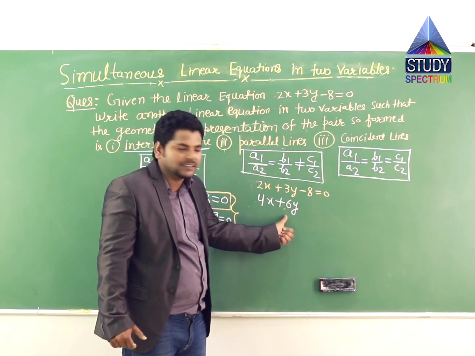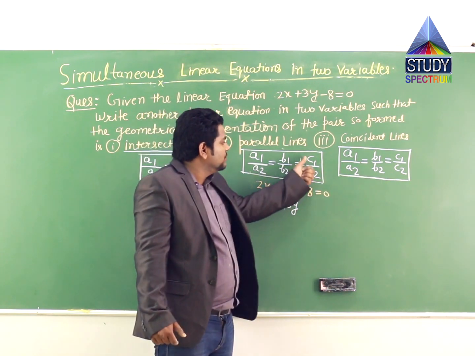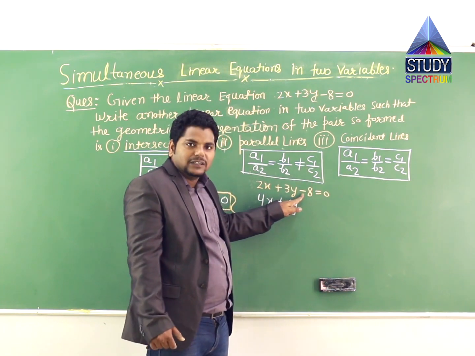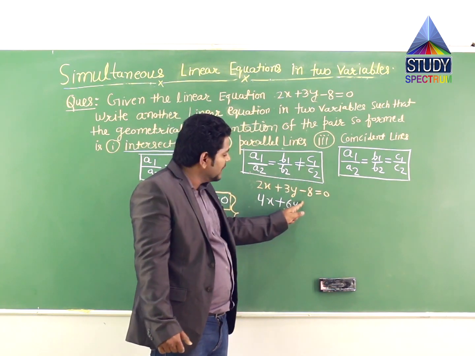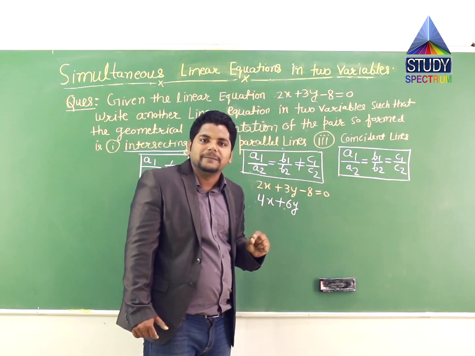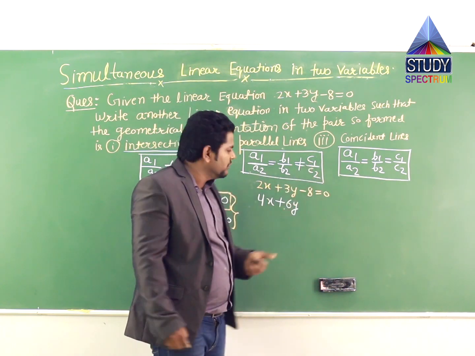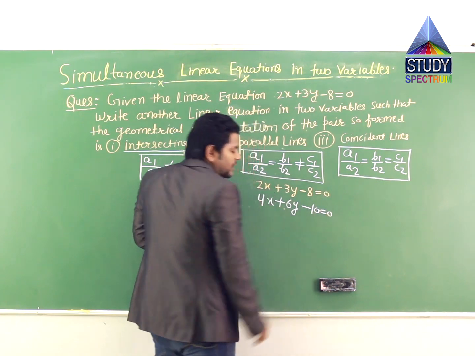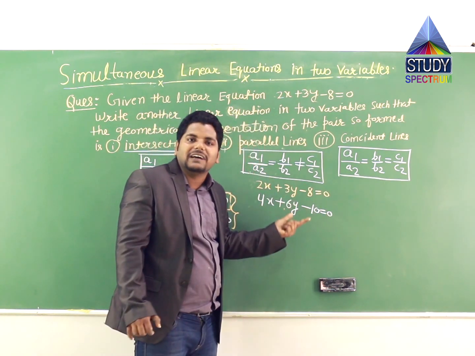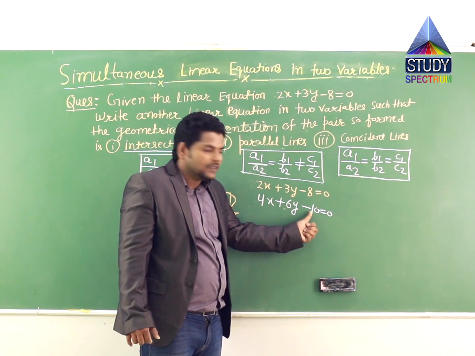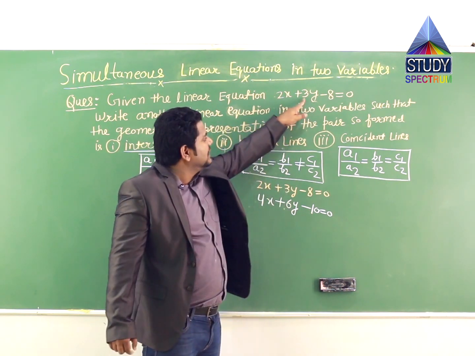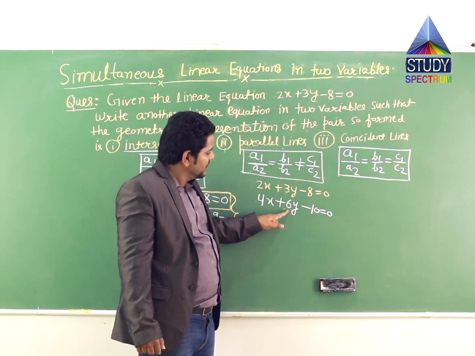We have taken 6. But this should not be equal to c1 by c2. It is minus 8. To make it 1 by 2, we would have to take minus 16, but this should not be 1 by 2. So we will take any other value. Suppose we have taken minus 10 equal to 0, or plus 10, any other value you can take here. 2 by 4 is half, and 3 is in the original question, so 3 by 6 is half.